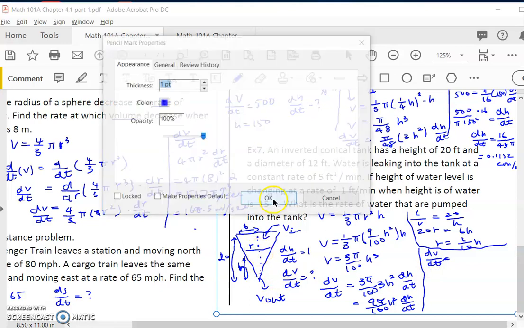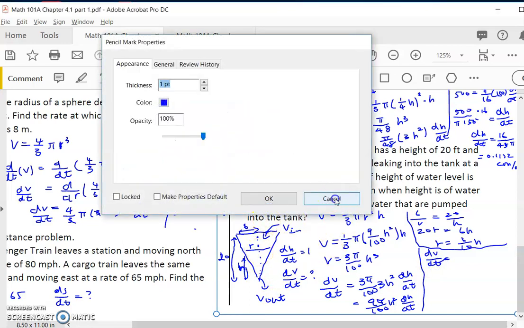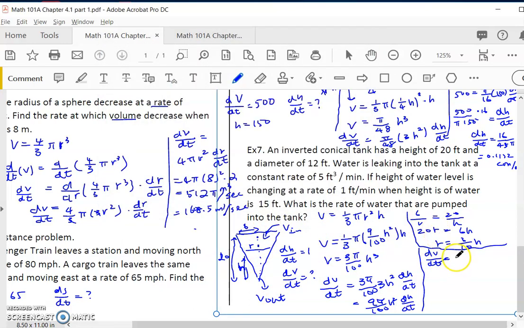V is actually the volume of the water here. So dV/dt would be equal to 9 pi over 100 times h, when it is 15 feet, and then dh/dt, which they say is 1.